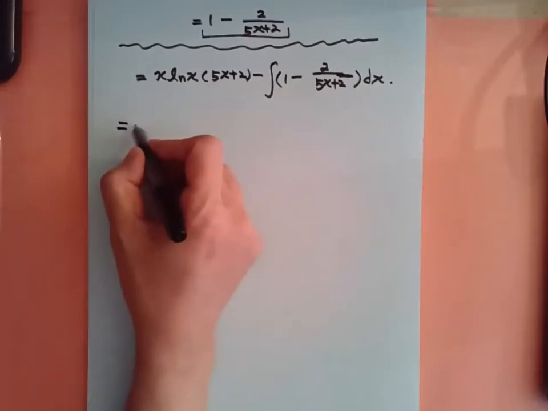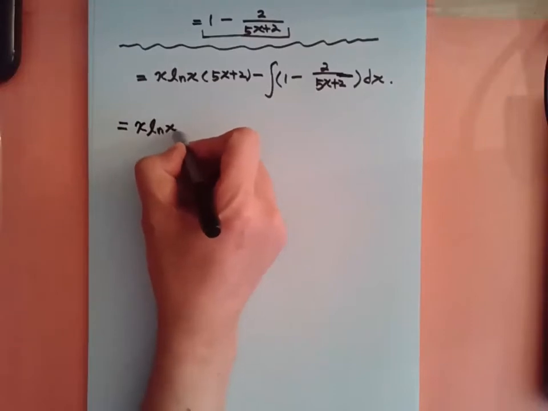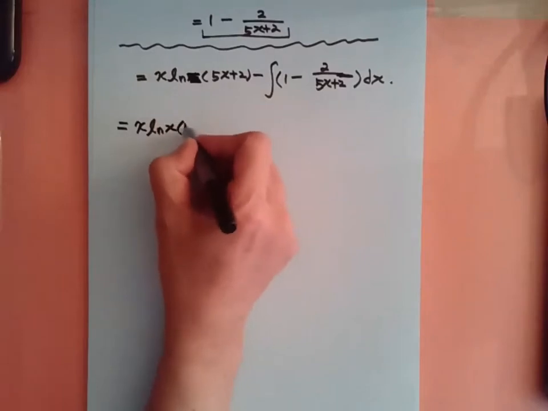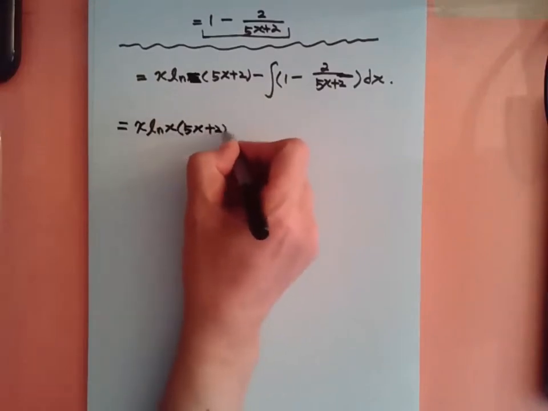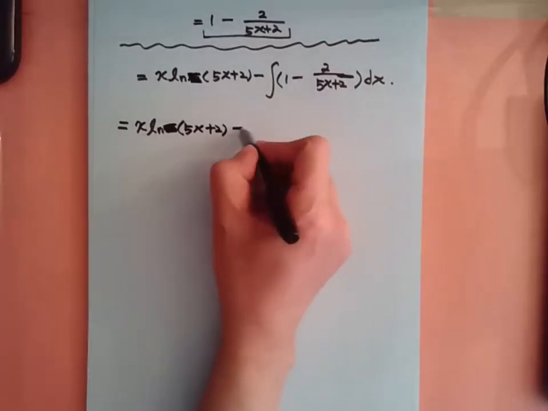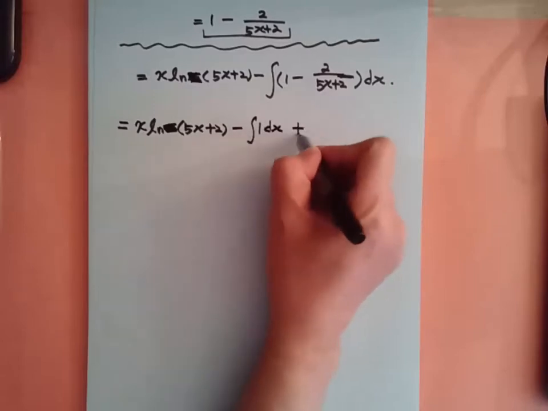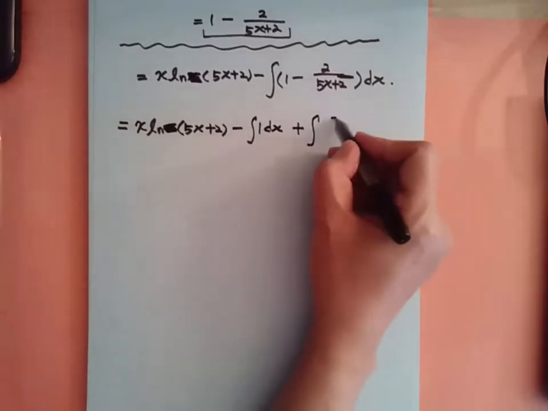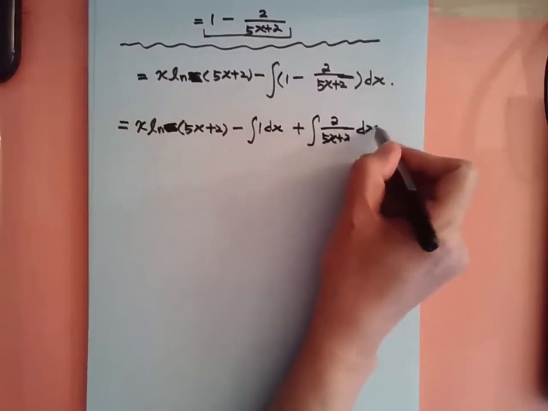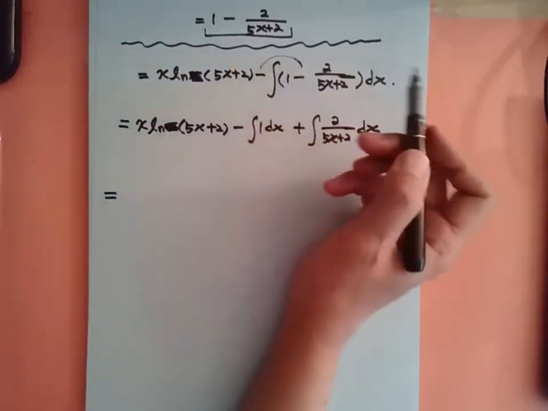Let's rewrite this: x natural log of 5x plus 2, minus integration 1 dx plus integration 2 over 5x plus 2 dx, because minus minus will make plus.